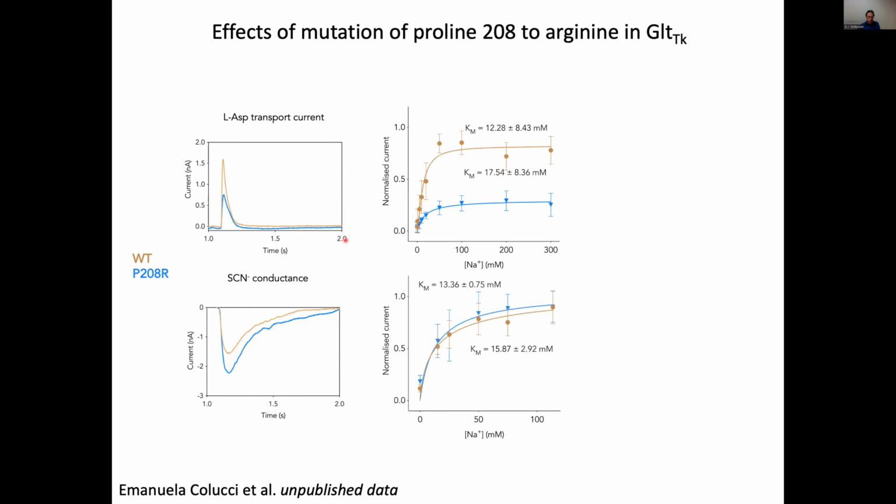And again, we could measure the sodium dependency of the amplitudes, and we found indeed that the coupled transport of aspartate was reduced, but the anion conductance was not affected.